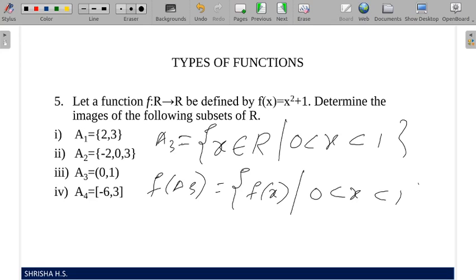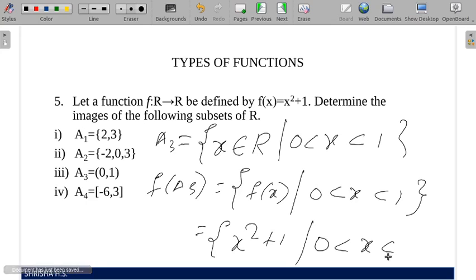Further you can write x square plus 1 such that x is between 0 and 1, not equal to 1. So this is how you can represent it. We don't have to calculate, because between 0 and 1 you can write infinite real numbers. So if you represent this much, that's enough.